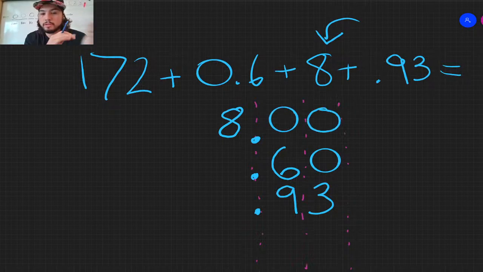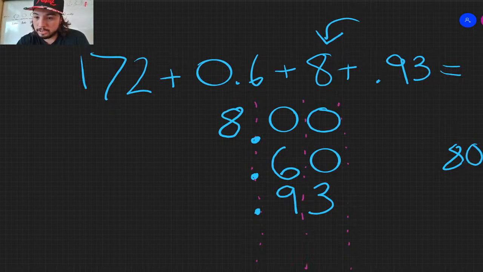We're not changing the value by adding these zeros. We're not making 8 into 800. The reason for that is that decimal point there. That decimal point is holding that 8 in the ones place. If we just had 8 and then added a 0 next to it, now we've turned it into 80, because essentially we took that decimal point and shifted it from here, and we made it 80, now it's here.